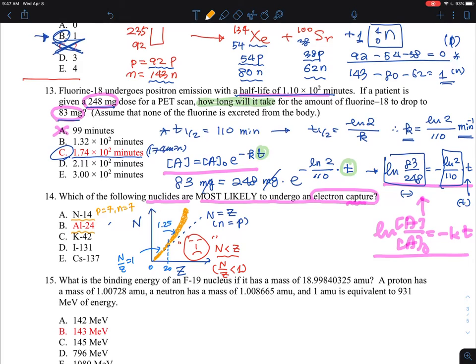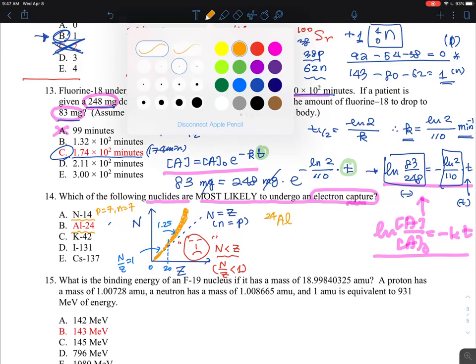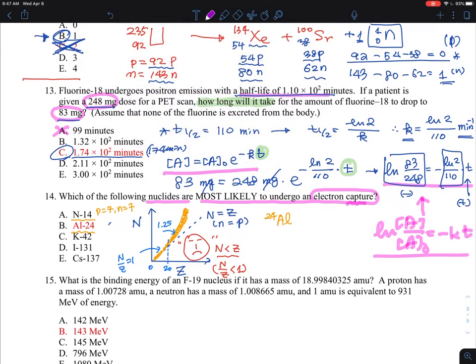But if you look at aluminum-24, aluminum is number 13, so as far as protons are concerned, that's 13, and neutrons, this is 11.